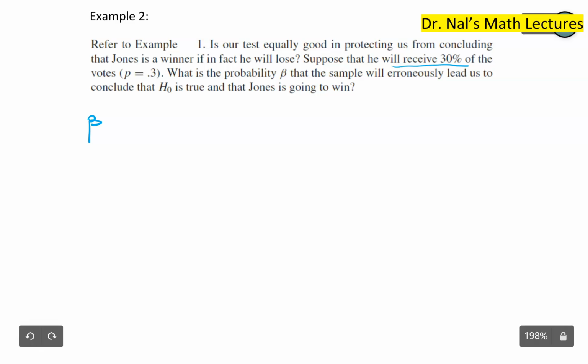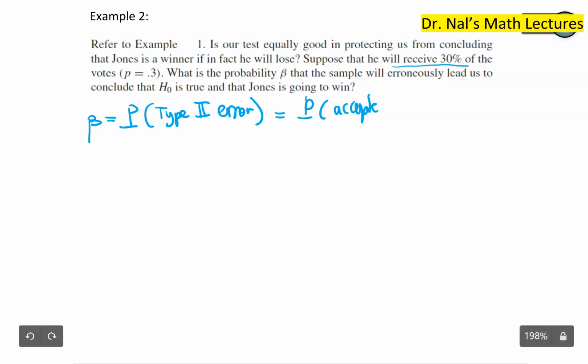Beta is basically the probability of a type 2 error, which is the probability of accepting the null hypothesis when the alternative is true.